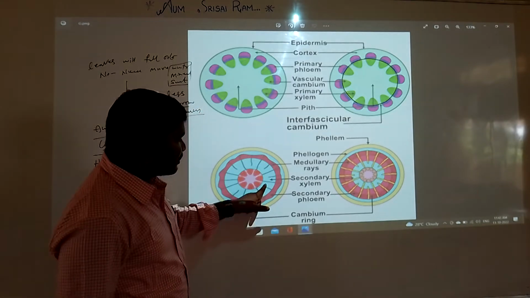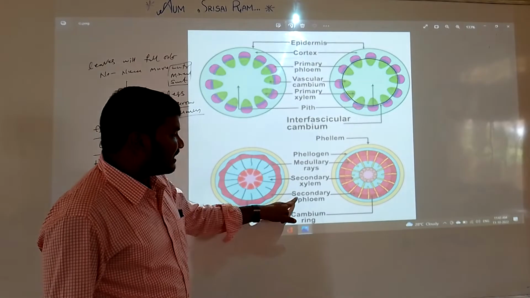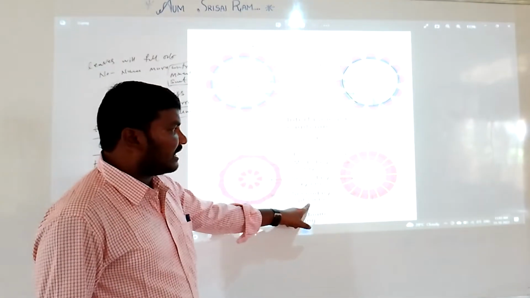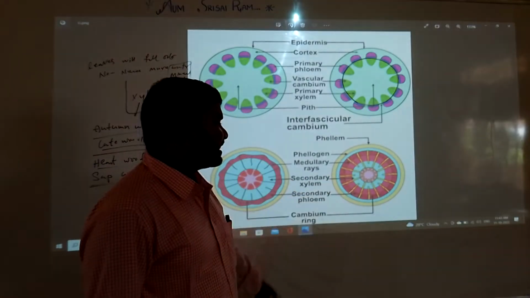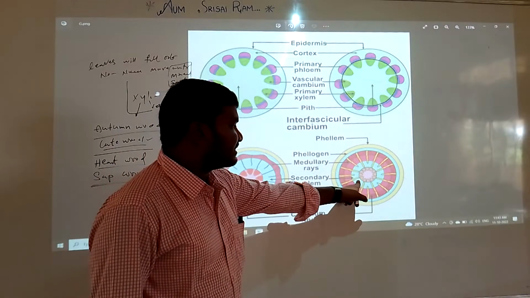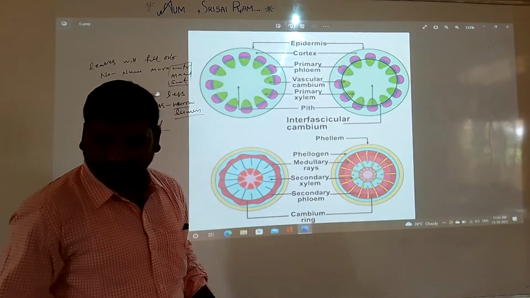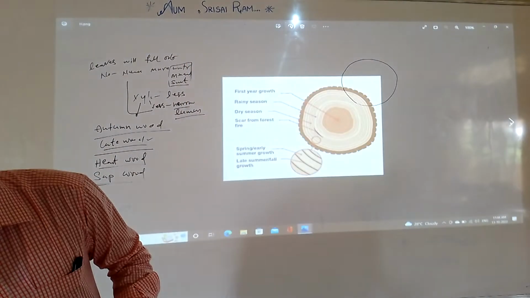The blue colored portion is the secondary xylem, which is produced in more amount, and the red colored portion, the secondary phloem, is produced in less amount. You can observe this nature after secondary growth. It will continue in the next one.